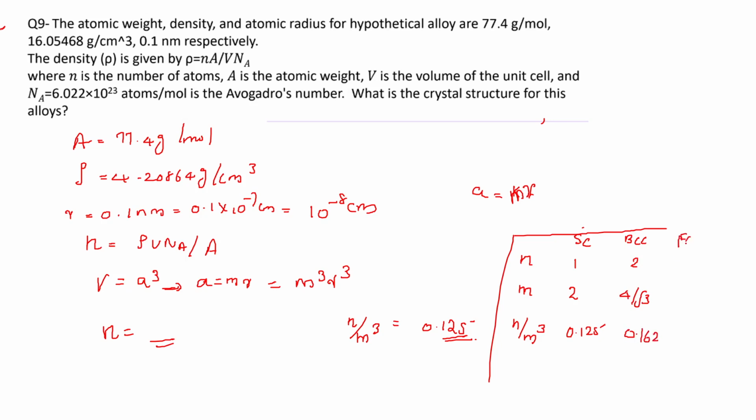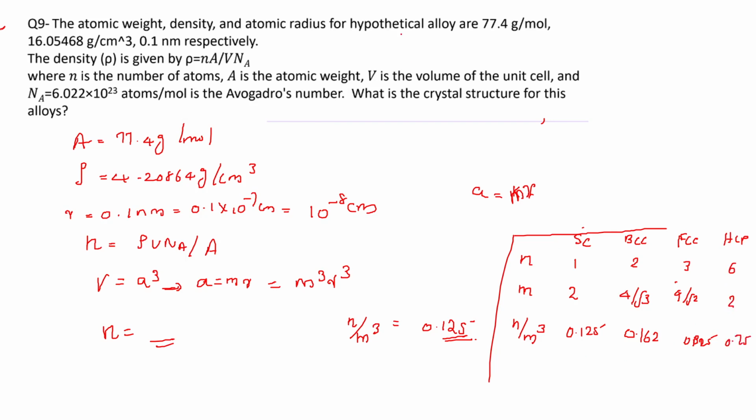For FCC it will be 4, with m value 4 over root 2, and this is 0.1325. Now for HCP it will be 6, and 0.75.